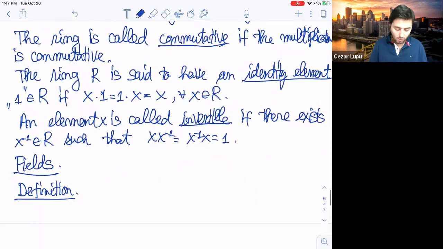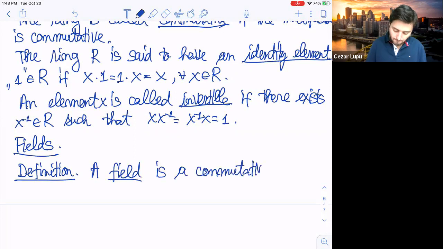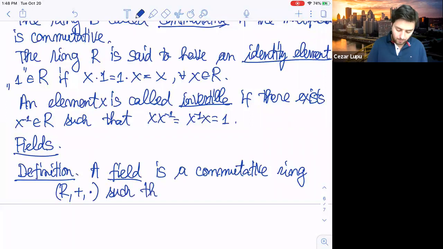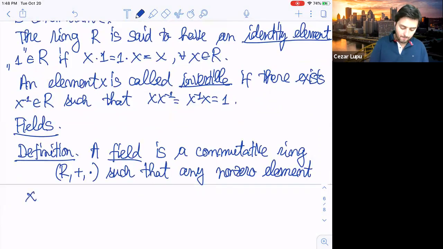Okay, definitely I'll go over time. So a field is a commutative ring, let's say R with plus and times, such that any non-zero element x in R is invertible.